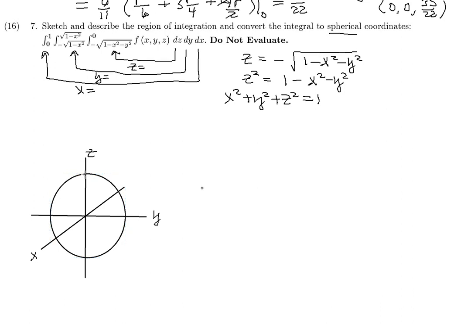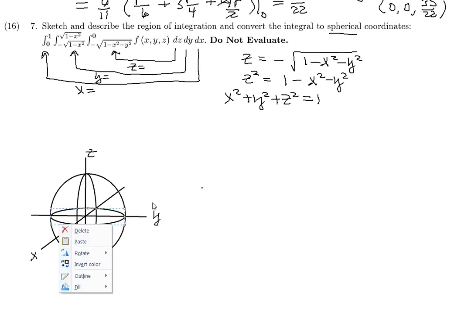And then it's going to intersect, so that's going to be the intersection in the zx plane. And then it's going to intersect with the yz plane down here like that.